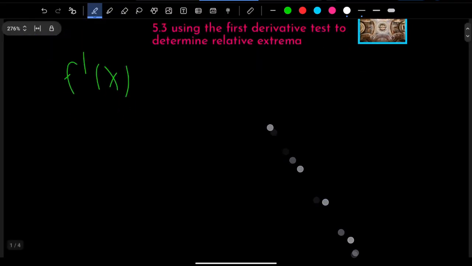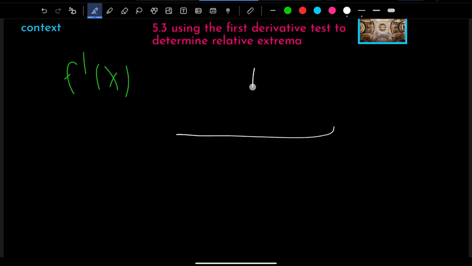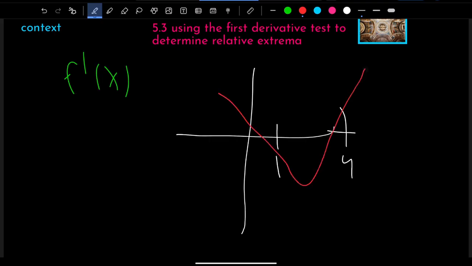Where f prime of x crosses from above the axis to below, f prime changes from positive to negative, which is a local maximum. Where f prime of x crosses from below to above, f prime changes from negative to positive, local minimum. So if f prime of x crosses the x-axis at x equals 1 and x equals 4, going down and up, this is a local max and this is a local min.